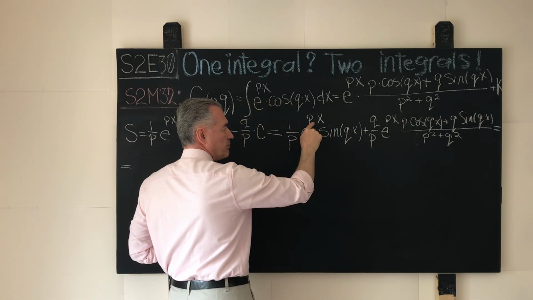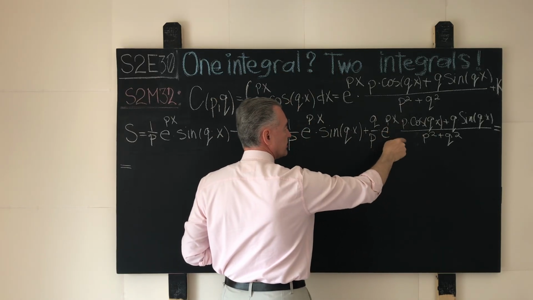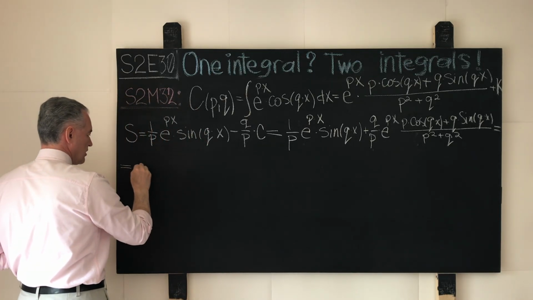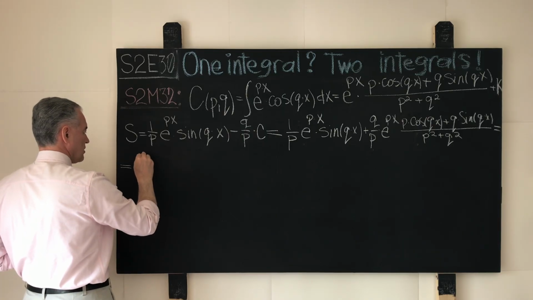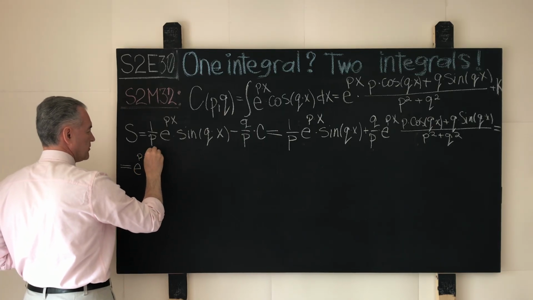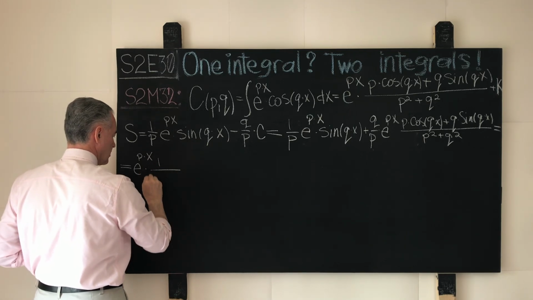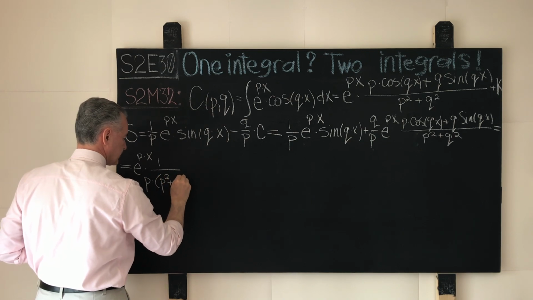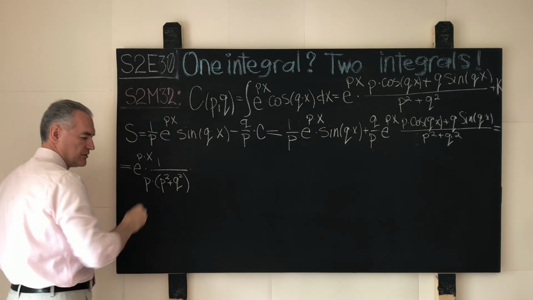The e to the power p times x and e to the power p times x is one and the same. We factor it out. We carefully write it down over here. E to the power p times x times 1 over p times p squared plus q squared. This is the common denominator.